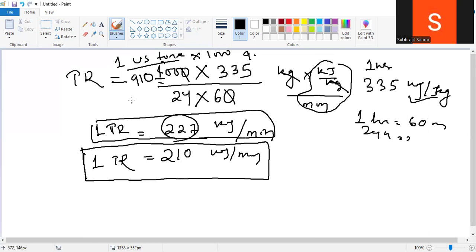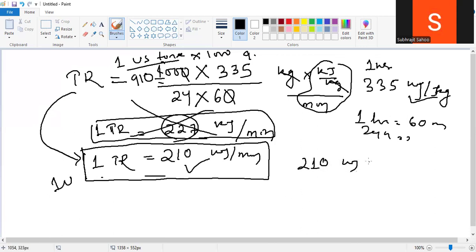But this value is not followed, because everything has been designed on the basis of 1 US ton. So this value I have to follow: 210 kilojoule per minute.